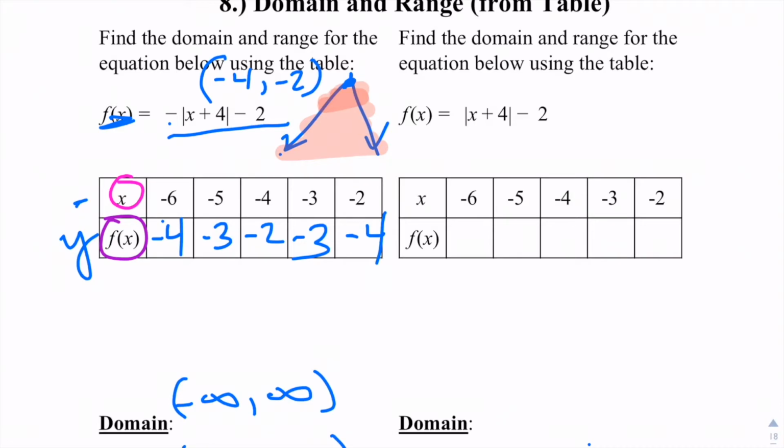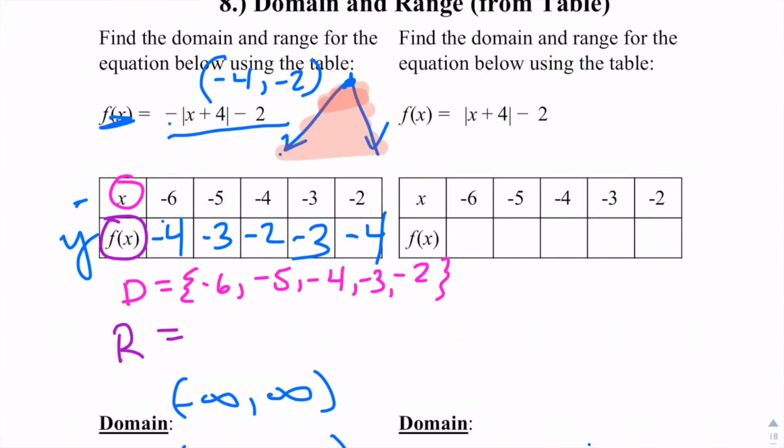Or we want to use set builder notation. We could say that the domain is equal to -6, -5, -4, -3, -2, and my range is equal to -4, -3, -2.